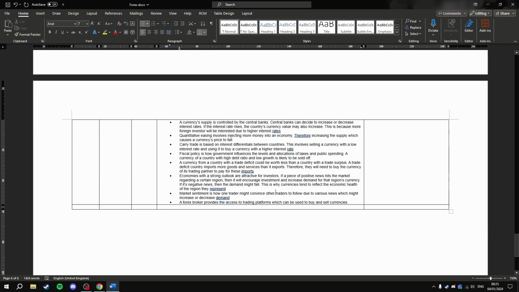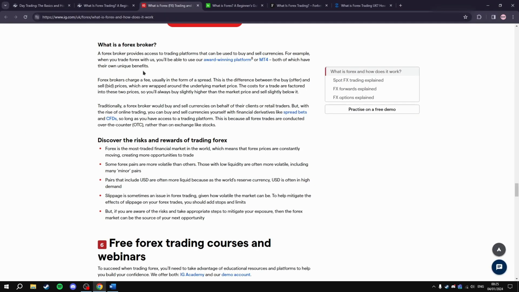They charge a fee, usually in the form of a spread. Sell slightly, but right, okay. So a Forex broker would buy and sell currency, rather than an exchange like stocks.